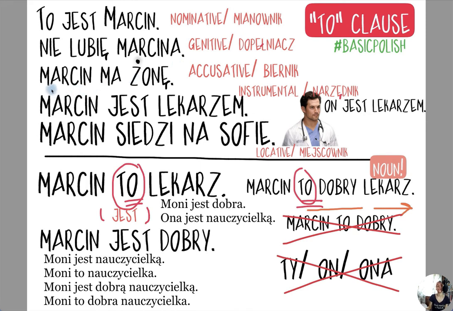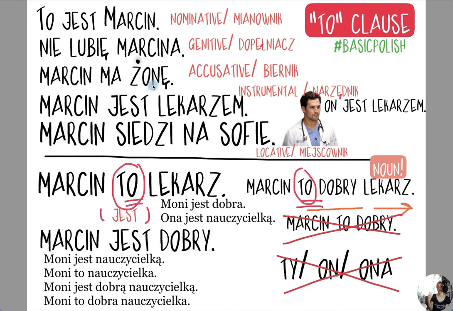So Marcin ma żonę. Here we are dealing with the accusative case because we've got a subject, verb, and the object. And the direct object usually gets accusative in Polish.